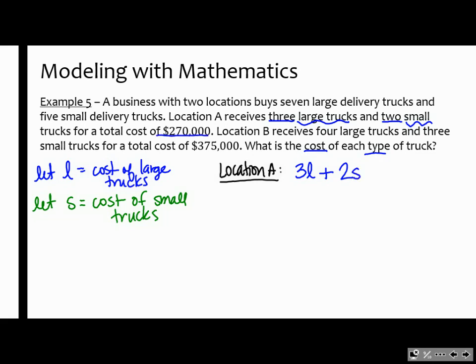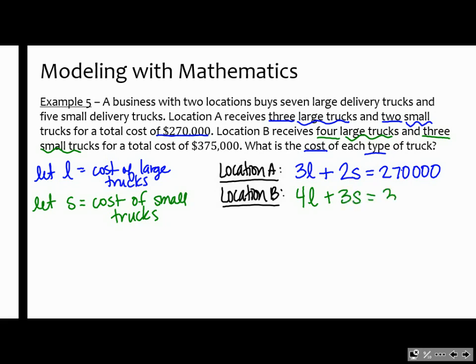And location A is the total cost, 270,000. Let's write an equation for location B. We have 4 large trucks, so 4 times the cost of the large trucks, and 3 small trucks, so 3 times the cost of the small trucks, for a total of 375,000.